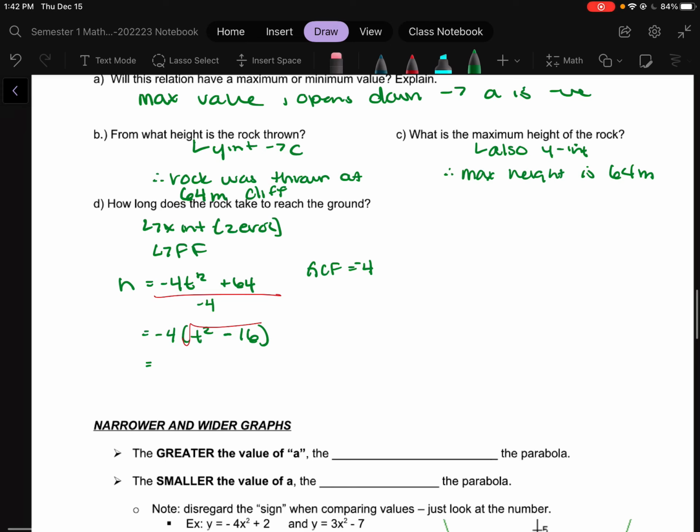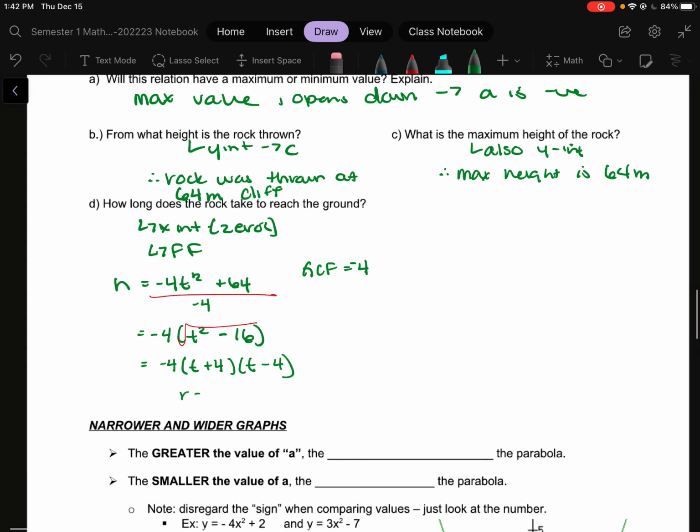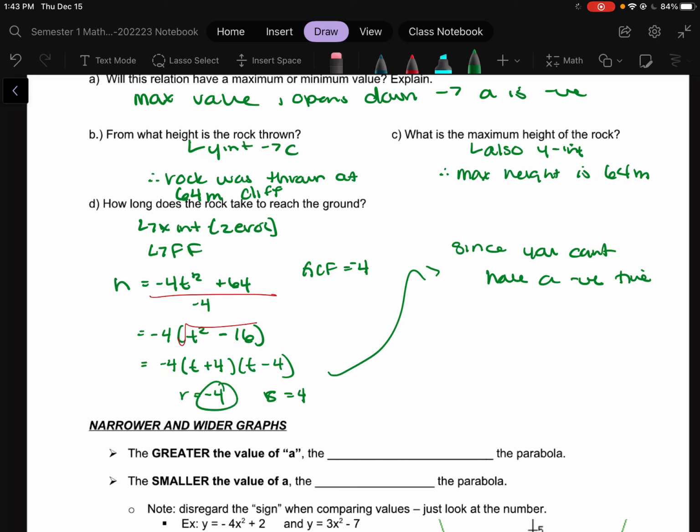So when we factor both these out, we are left with -4, and we have t plus 4 and t minus 4. So therefore, our r is going to be -4 and our s is going to be 4. Since you can't have a negative time, we can't use that.